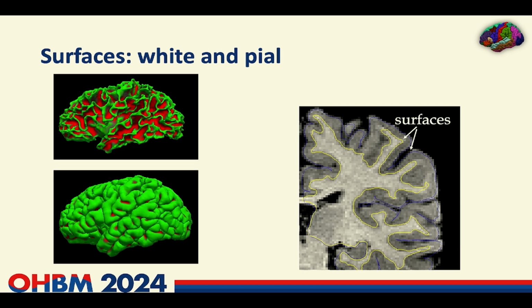You've seen some of these FreeSurfer pictures before, so you might already be used to the default color coding of these images. On the left-hand side, I'm showing you the pial and white matter surfaces with the FreeSurfer color coding: on the top, the white matter surface, and on the bottom, the pial surface.